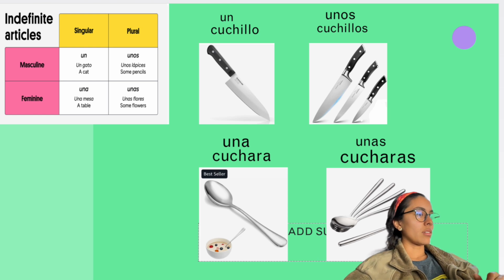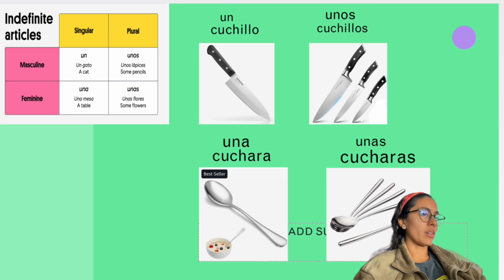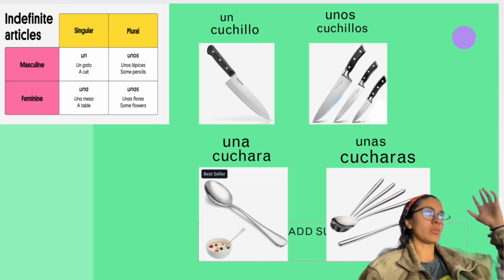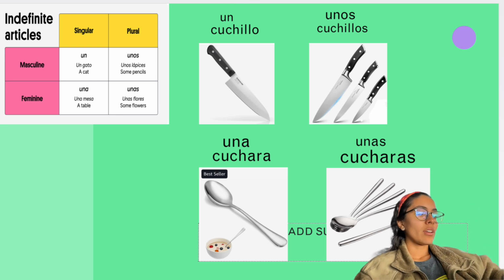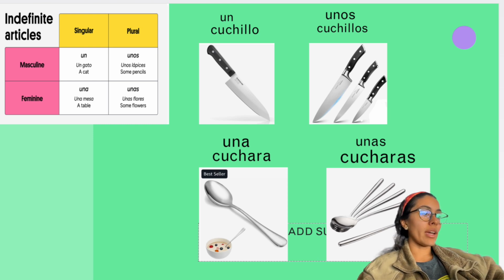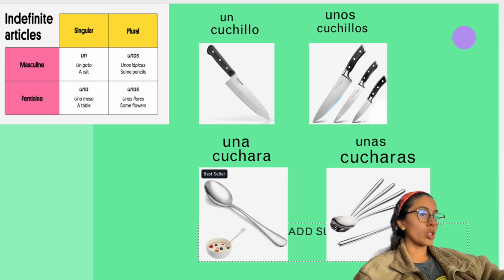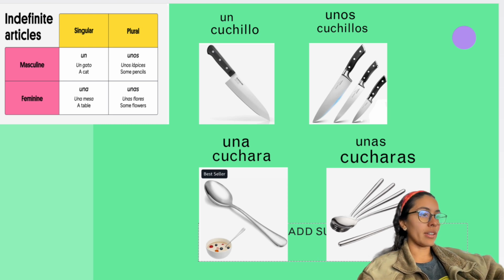And as I mentioned before, this is definite and this is indefinite, because if I want to be very specific, or if I am just talking of something I'm remembering or something I want to say, it's less specific. So let's go and say un cuchillo, unos cuchillos, okay?